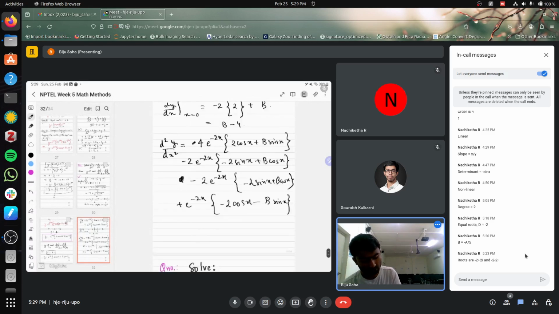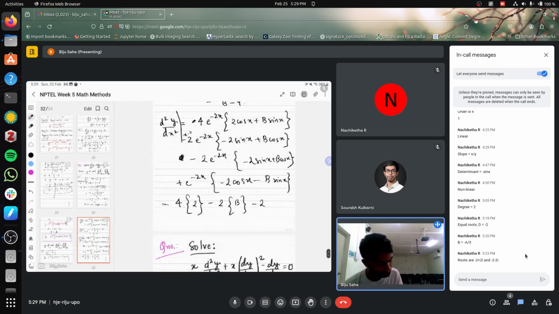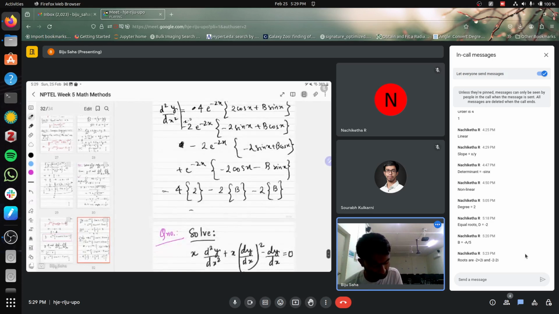At x equal to 0 we have to find that. So it's 4, and then you have 2 from the first term, and then you have minus 2b, minus 2b, and it is minus 2. So basically you have 6 minus 4b.